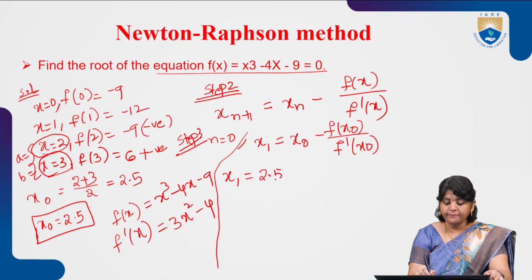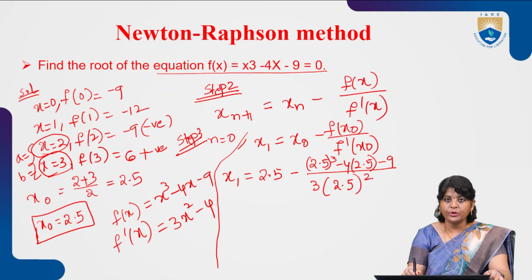So 2.5 minus f of x0, that is 2.5 whole cube minus 4 into 2.5 minus 9, divided by f dash of x0, that is 3 into 2.5 whole square minus 4.